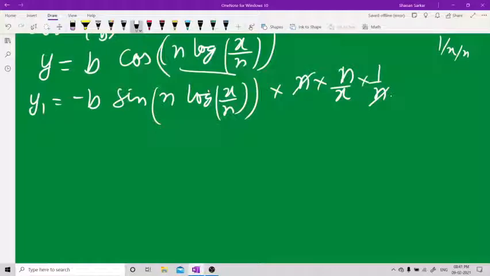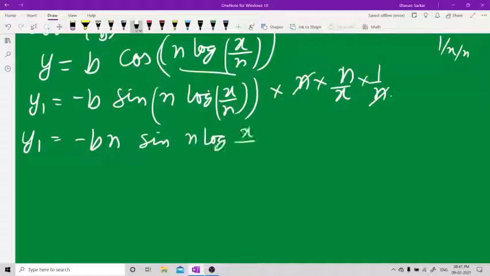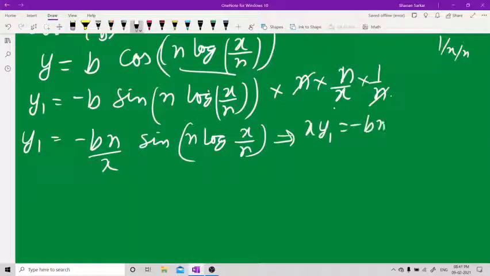Now you have y1 is minus bn sine(n log(x/n)), and then you have one x here. Cross multiply this x to that side. That means x y1 is minus bn sine(n log(x/n)).